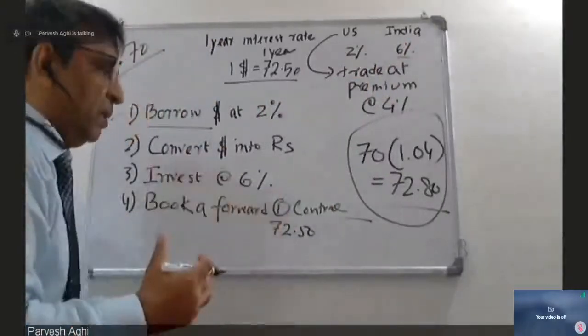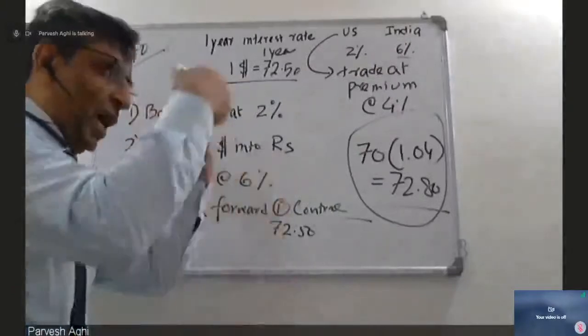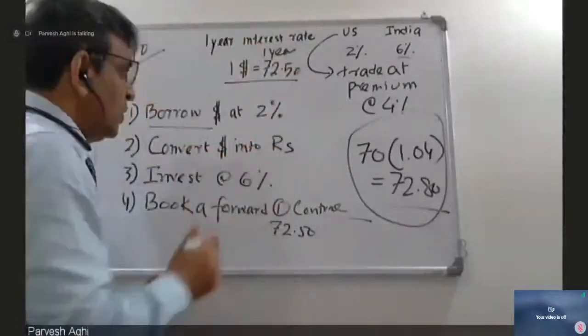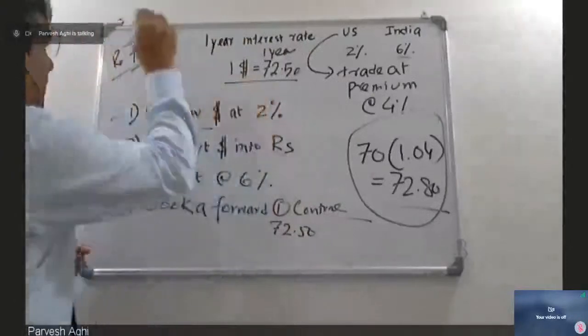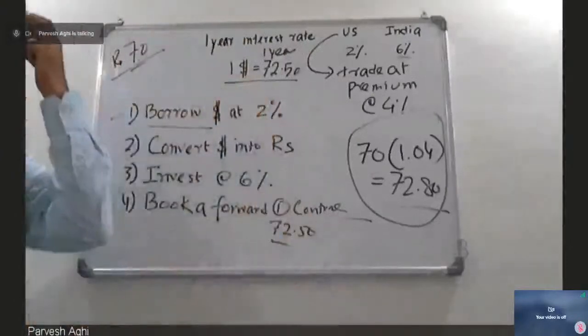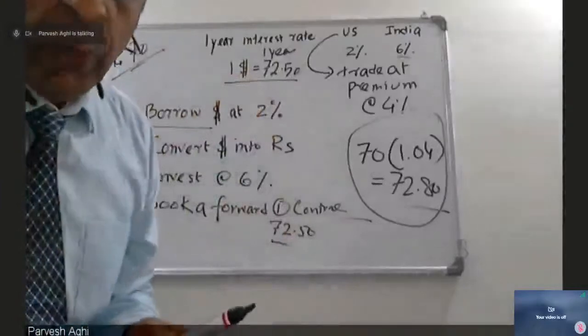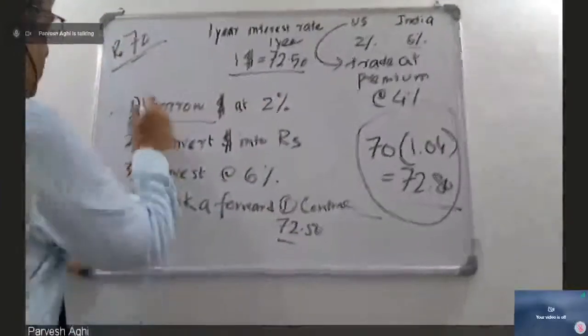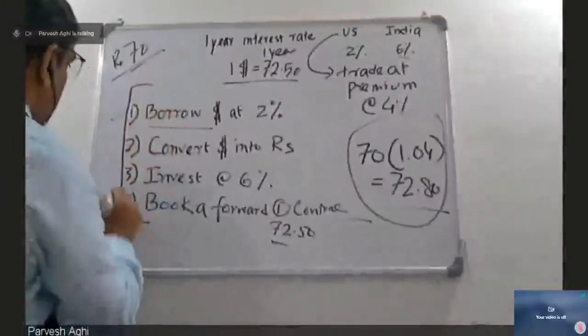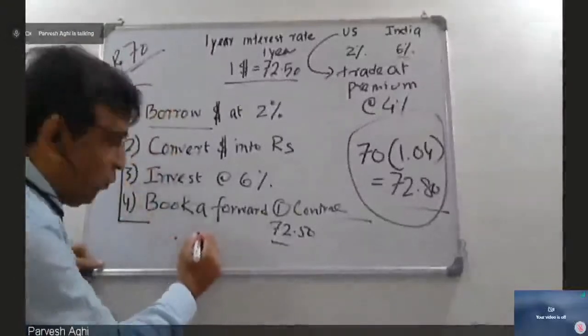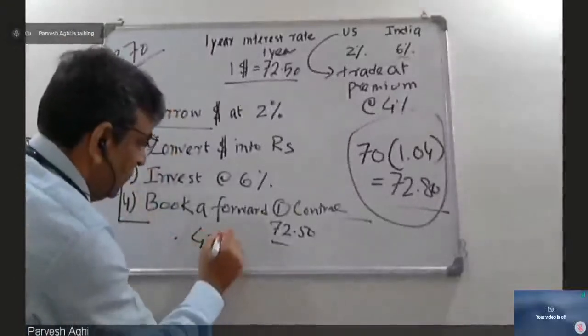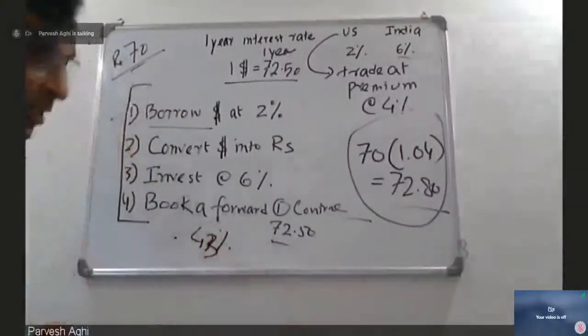Suppose you are an American, you are going to take your dollars back after 1 year to your home country. So you booked it today at 70, and you are taking your money back at 72.50. Okay, so let's see what the gain is. All this, what he has done, he will be gaining 0.43%. I'll just write it again.